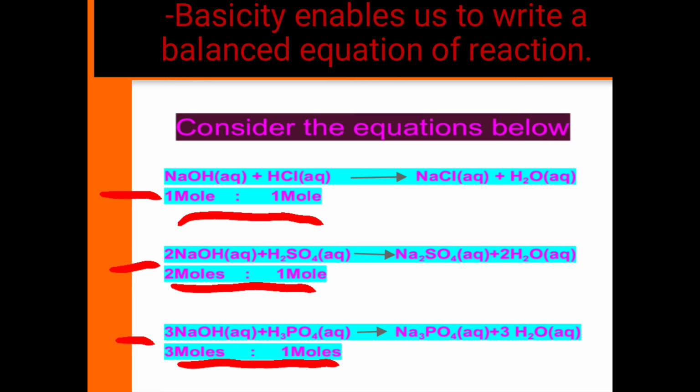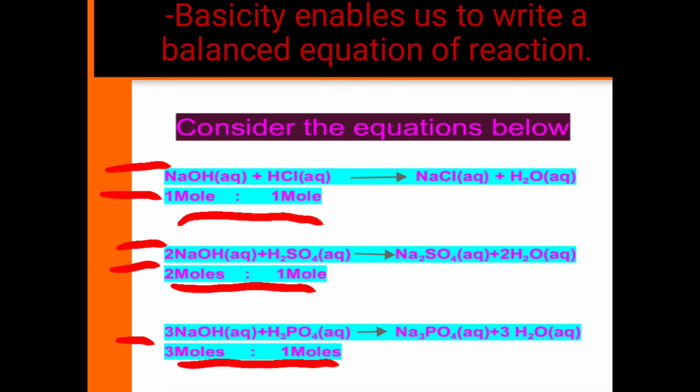Let us look at the first one with sodium hydroxide, the first one we began with. You are reacting 1 mole of sodium hydroxide with the acid, which has a basicity of 1. When you go to the second, with sulfuric acid, you are going to see that 2 moles of sodium hydroxide are reacting, and the basicity of sulfuric acid is 2.